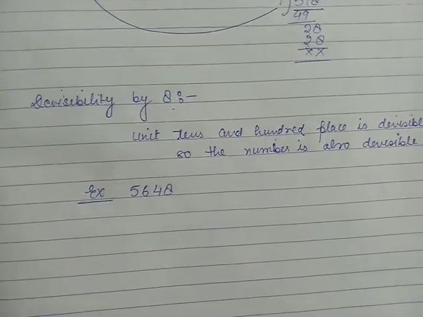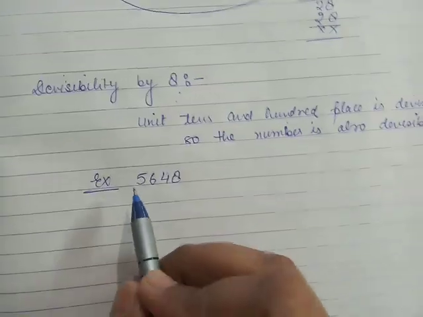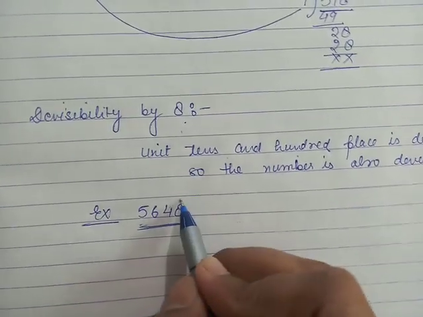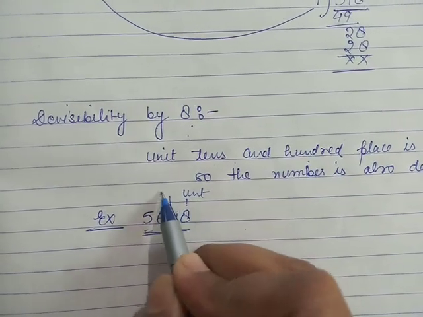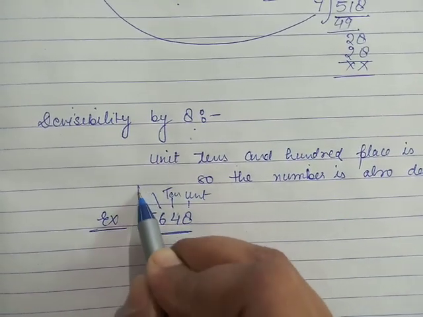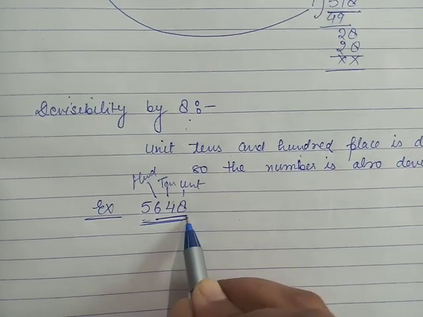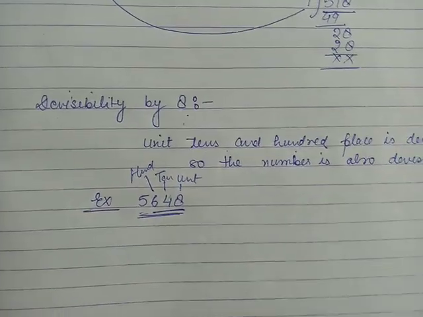एग्जाम्पल से देखते हैं. यहाँ पे आप देख सकते हैं, here is an example that is 5648. इसका ये यूनिट प्लेस है, ये टेंस प्लेस है और ये 100 प्लेस है. अगर ये तीनों डिविजिबल हैं 8 से तो ये नंबर भी डिविजिबल होगा 8 से.